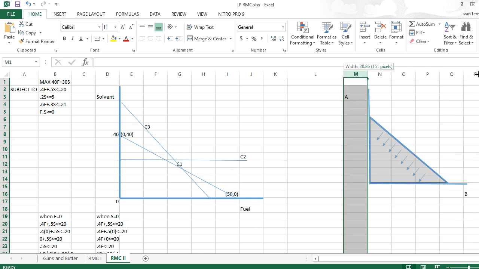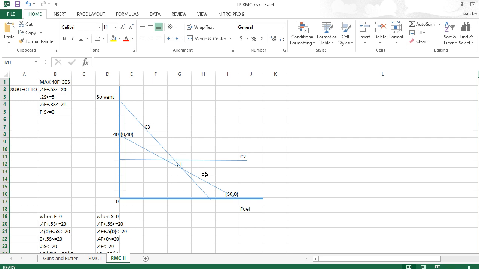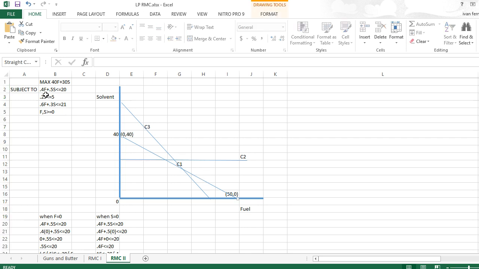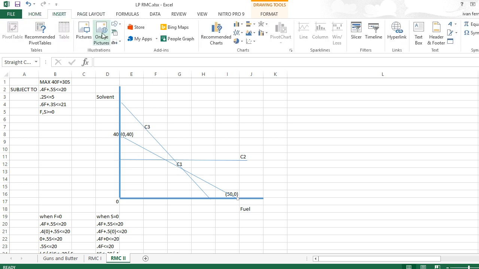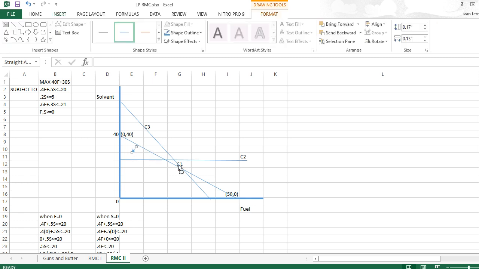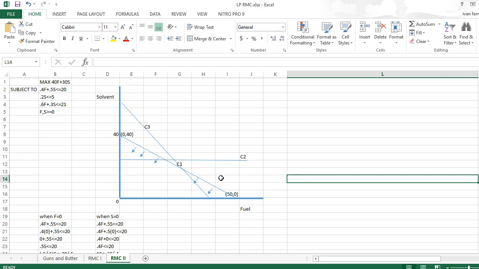Okay, but I'm just gonna move it over there. For the first constraint, which is 0.4 times F plus 0.5 times S less than or equal to 20, the feasibility area would be the area, and I'll throw some tiny little arrows, that whole area over there.